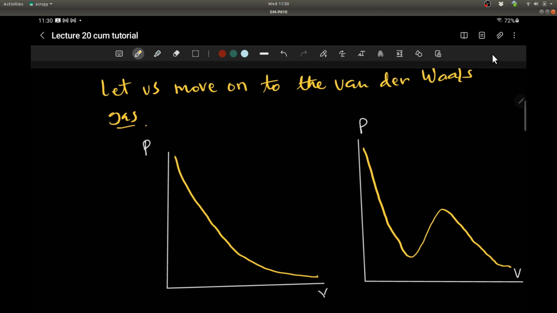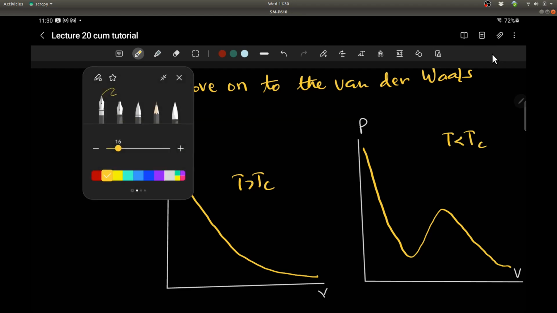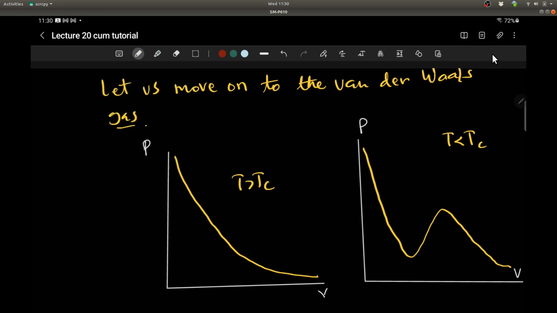For T less than Tc is when you should see the phase transition. I'm not drawing the T equal to Tc, right?